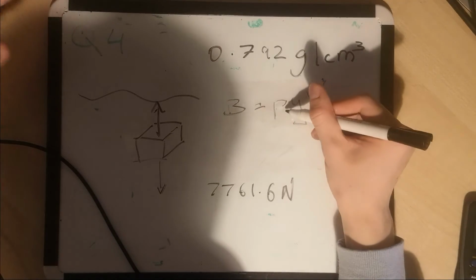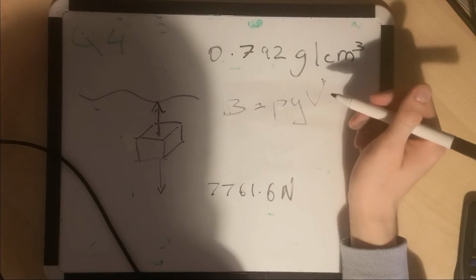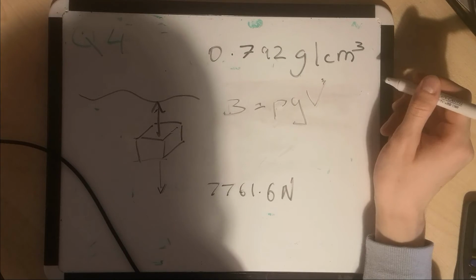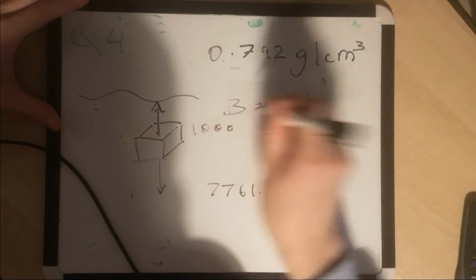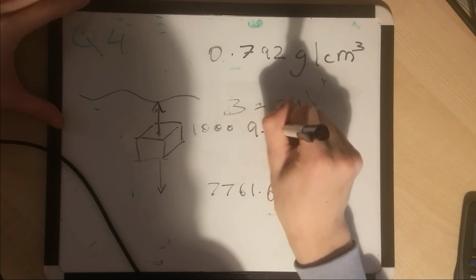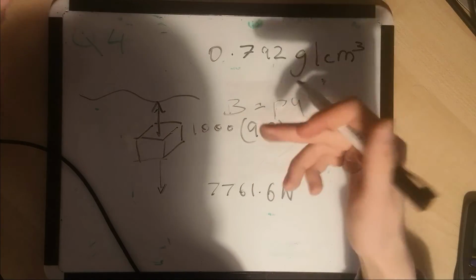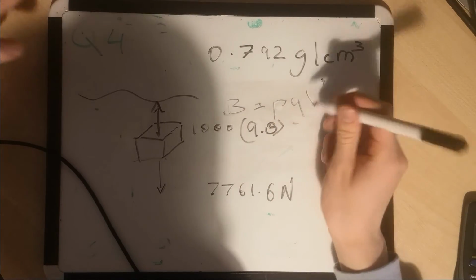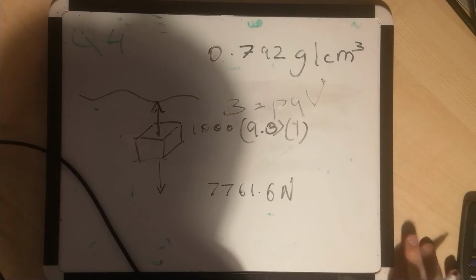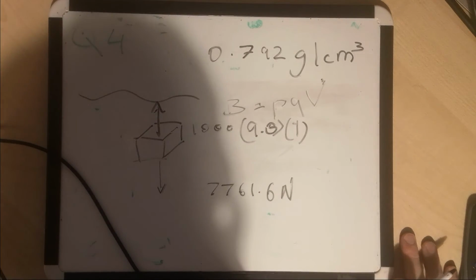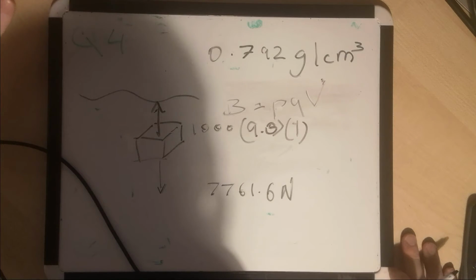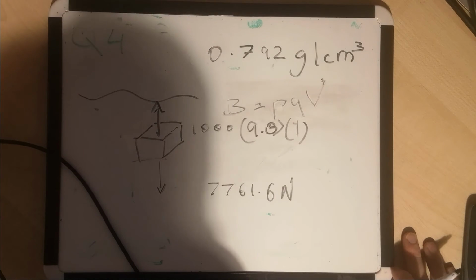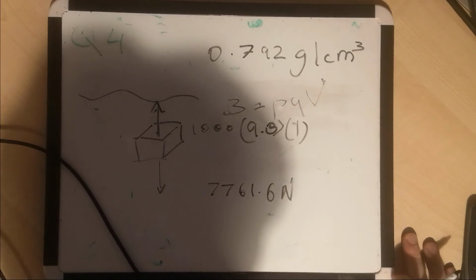Rho for water, the liquid being displaced, is 1,000, multiplied by gravity, 9.8, and our volume, since we chose a 1 meter cube, is simply 1. You could choose any volume, say half a meter cubed, but that would just make things more complicated.